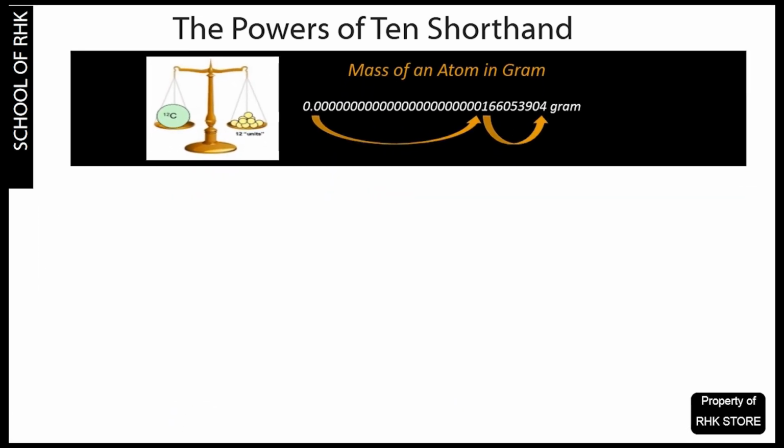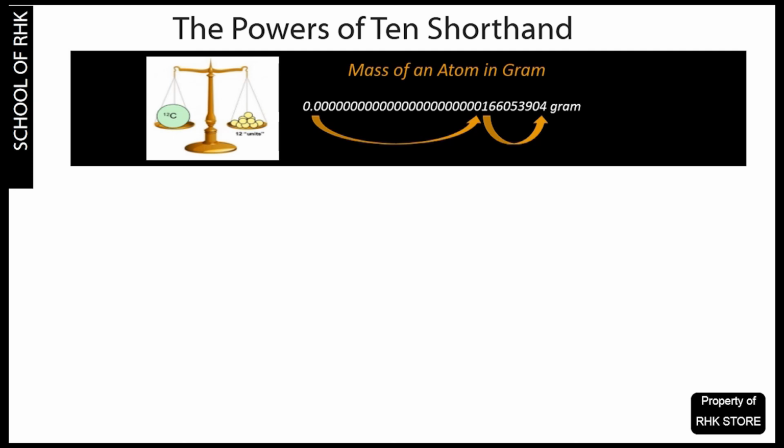Let us see an example of a very small numeric value now. The mass of a carbon-12 atom in gram is 0.230, then 166053904. In writing, repetition of such a number has a high chance of error, as so many zeros need to be added after the decimal point and before the original numeric value starts.